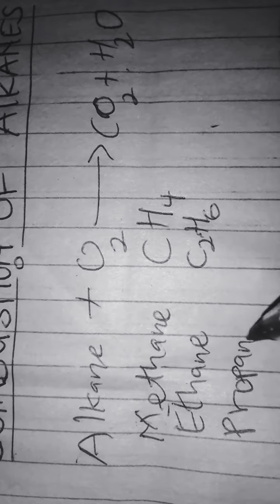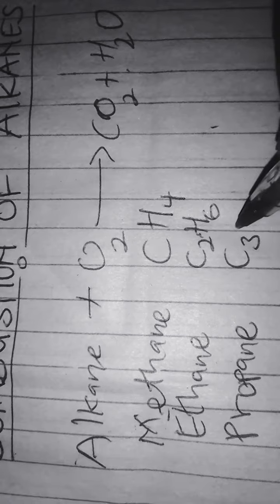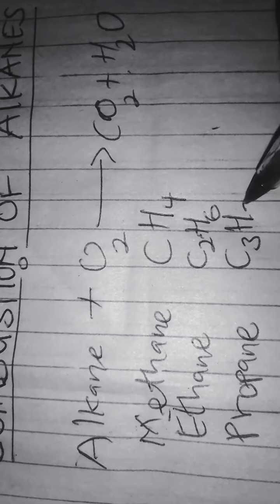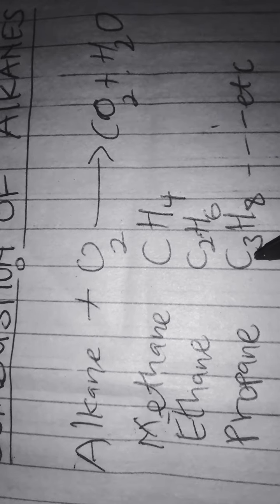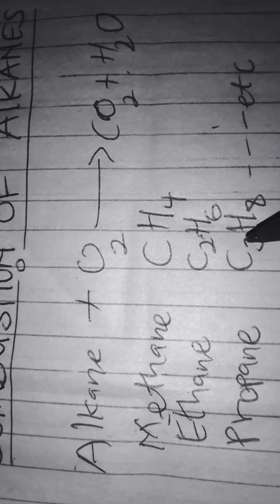We have propane, which is C3H8, and so on. So these are some alkanes that we will be using to combust and see how the reaction will be and how it will be balanced.